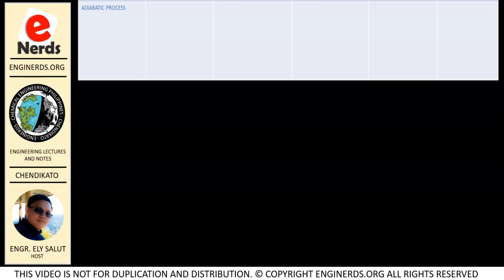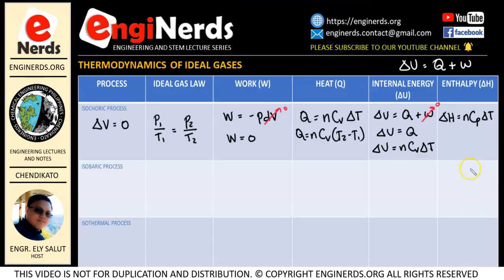We have our CP minus CV is equal to the universal gas constant R. Okay, so we have that relationship between CP and CV. We discussed this in our lecture video about specific heat, so if you want to understand more about this, I recommend that you please watch our video about specific heat. Okay, so we already finished our row for the isochoric process.